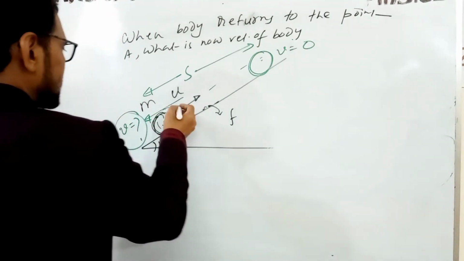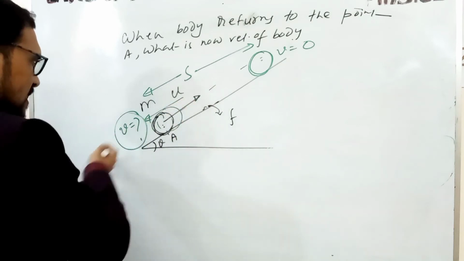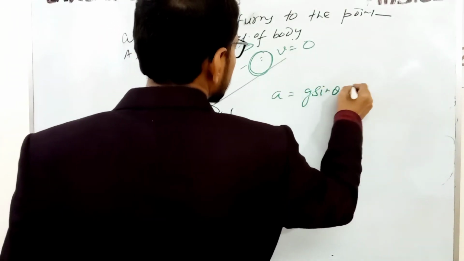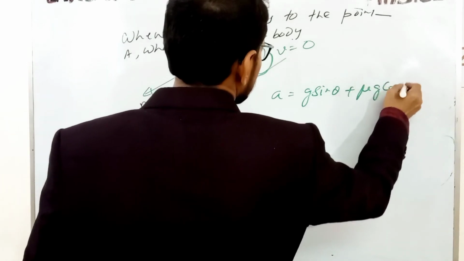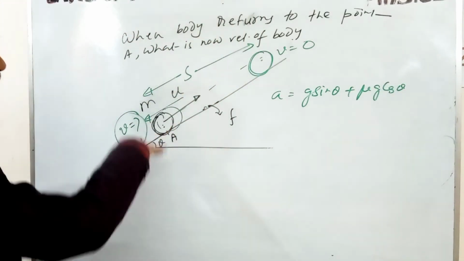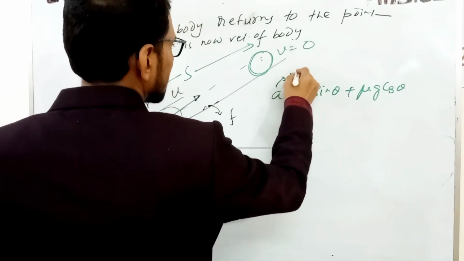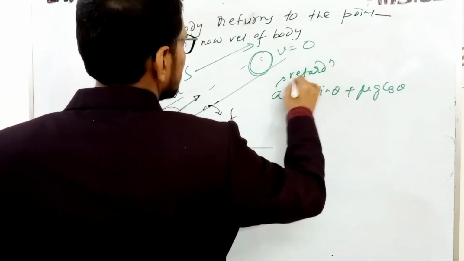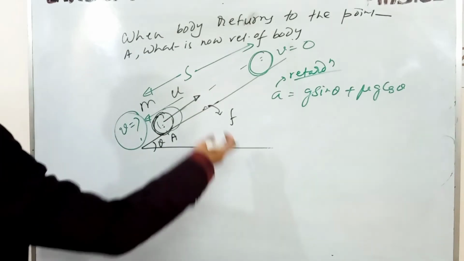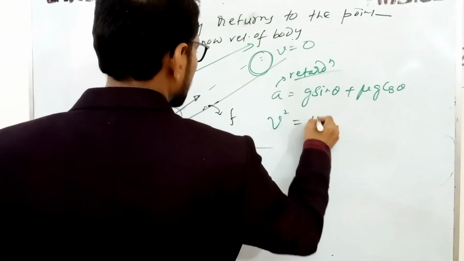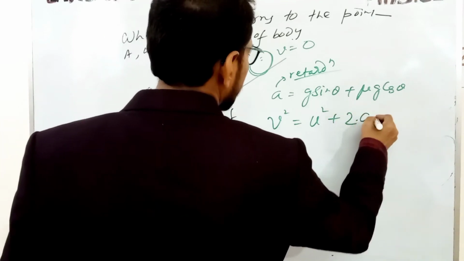So now what is the retardation? Retardation equals g sin theta plus mu g cos theta. I have just derived this previously. So v square equals u square plus 2as.